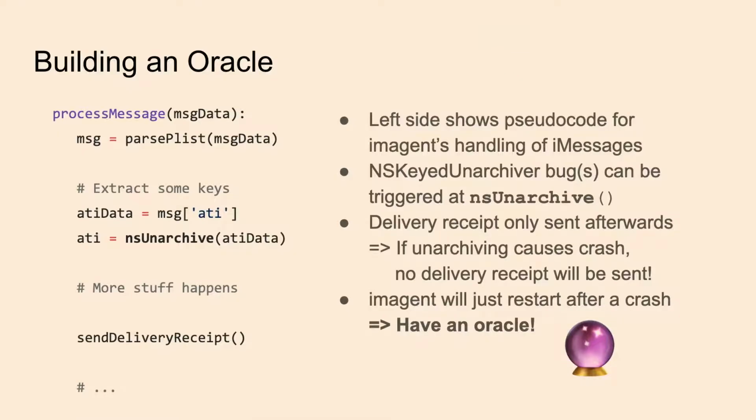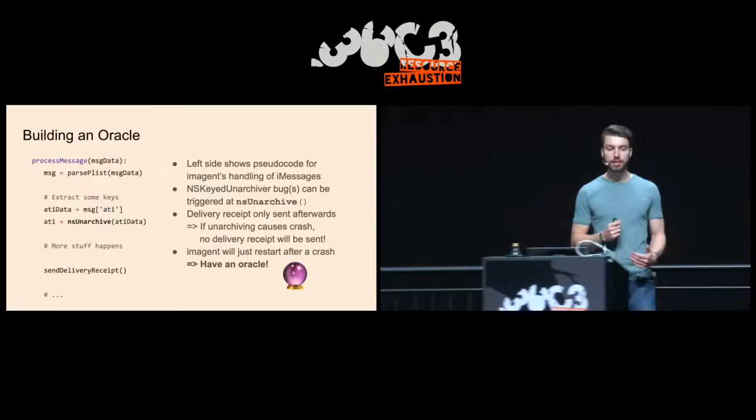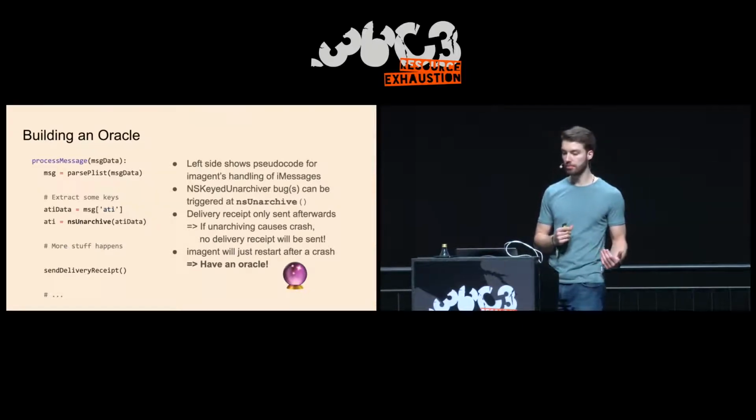Here on the left is some pseudocode of how IM agent handles messages and when it sends these receipts. You can see that it first parses the plist that's coming in, and it's then doing this NS unarchiving at some later time. And this is exactly why our bug would trigger during NS unarchive, and only then does it send a delivery receipt, right?